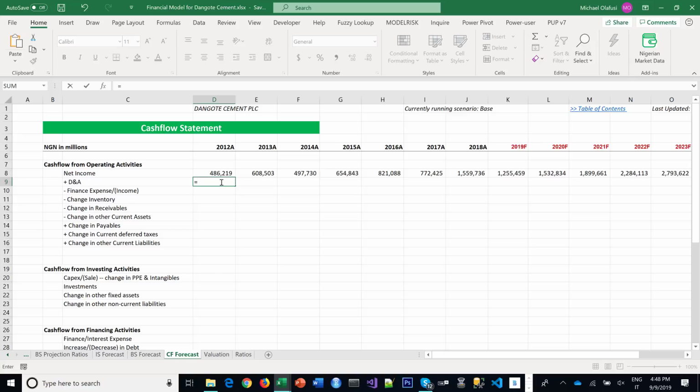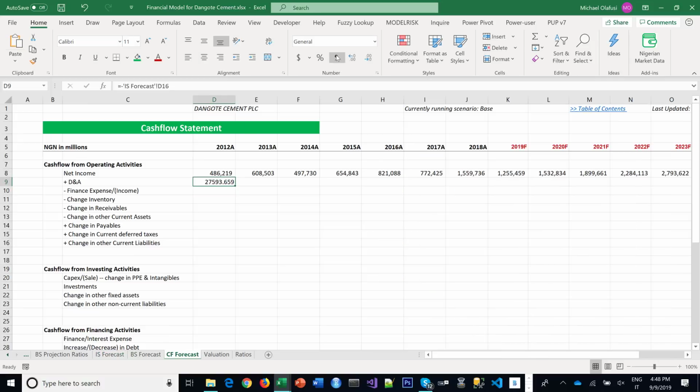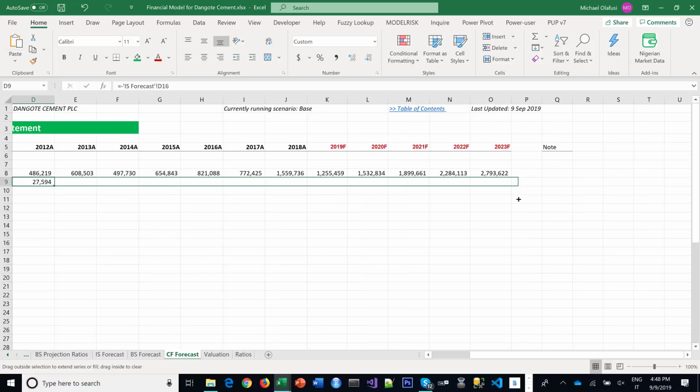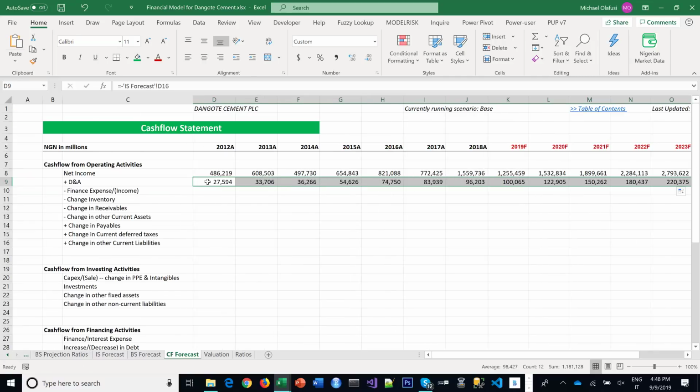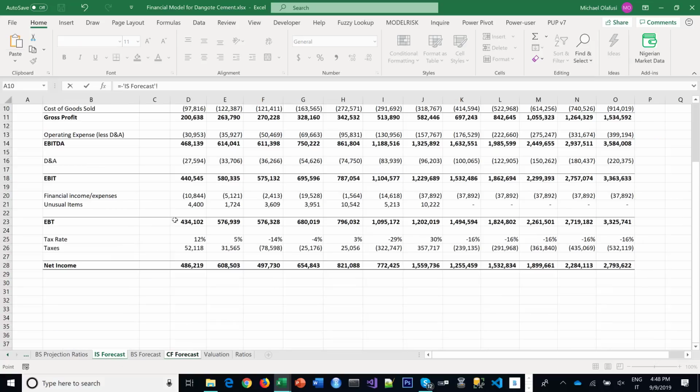Since the D&A is already showing as an expense in my income statement, we want to take out the negative so it comes as it should be. Then the finance expense also, since it's already showing as a negative in my income statement, I'm going to also want to take out that negative part of it. So finance expense.